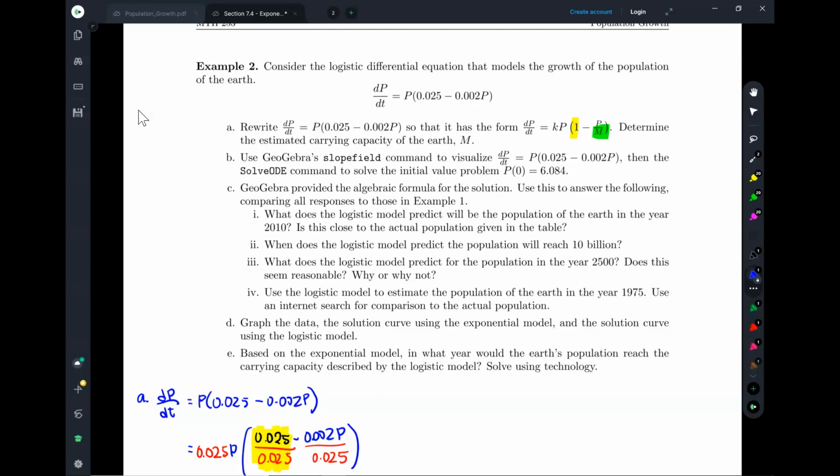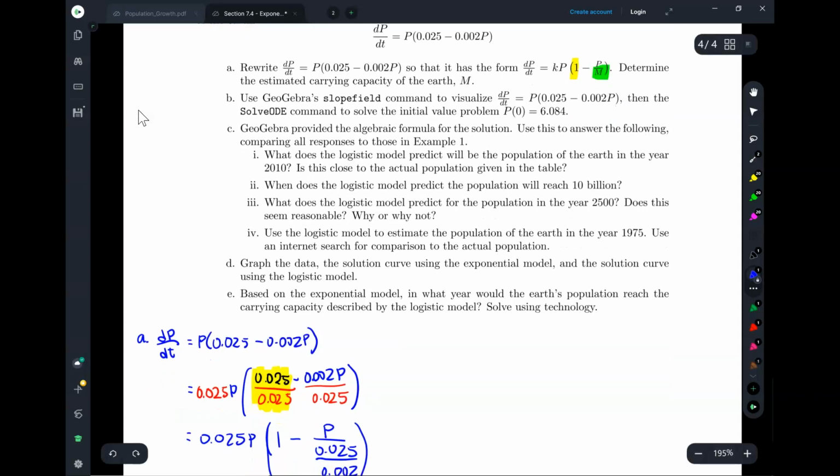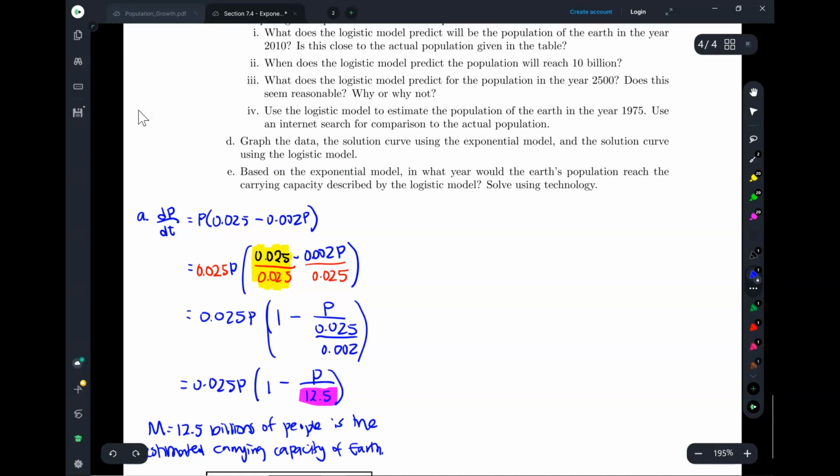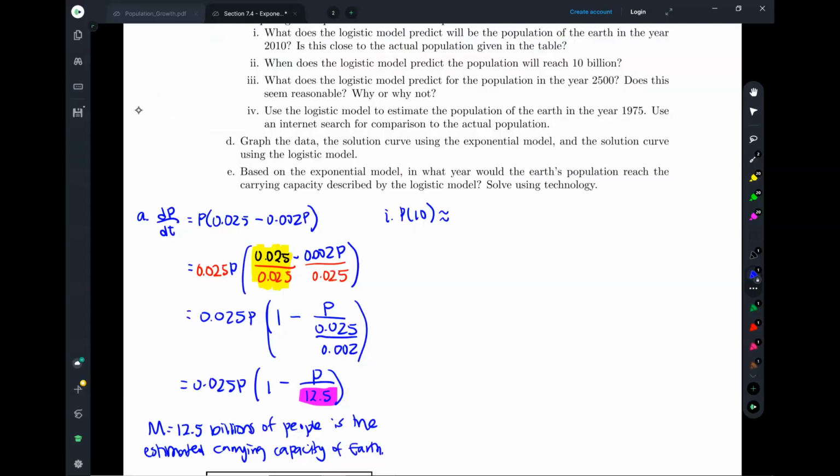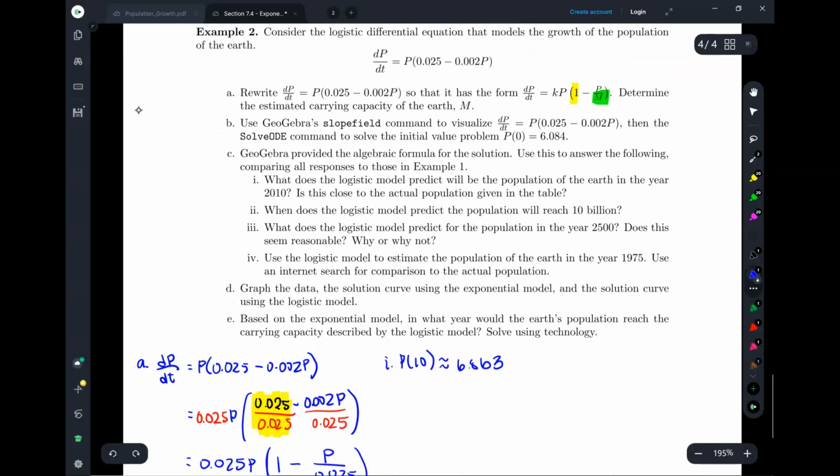So let's try to predict the population in the year 2010. So that would be P of 10, right? I'll go here. P of 10 is about, and we'll go ahead and put F of 10 in here because that's what GeoGebra called it, 6.863. So let's compare that to the data.